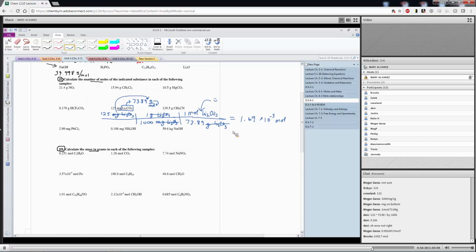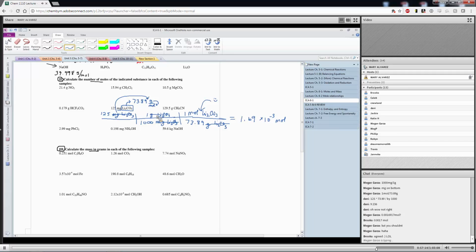Excellent. Megan was exactly right when she identified that the moment we were talking about grams, I could throw milligrams or kilograms at you as well. I could even throw micrograms or nanograms at you if I really wanted to, but I might not be that mean. So long as you know your metric conversions, which you should still know, because I had you memorize them not because I was being cruel, but for a reason: I wanted you to be able to use them for the rest of the semester.